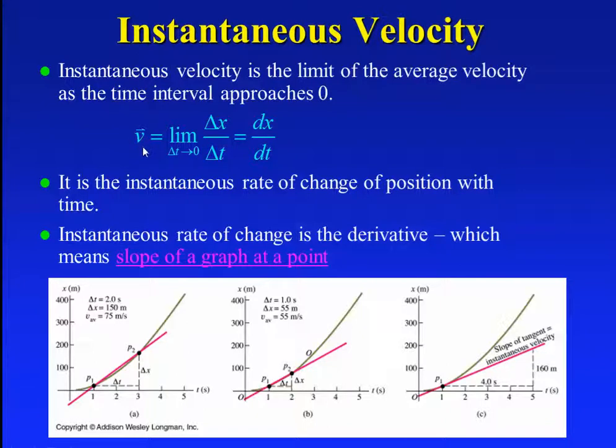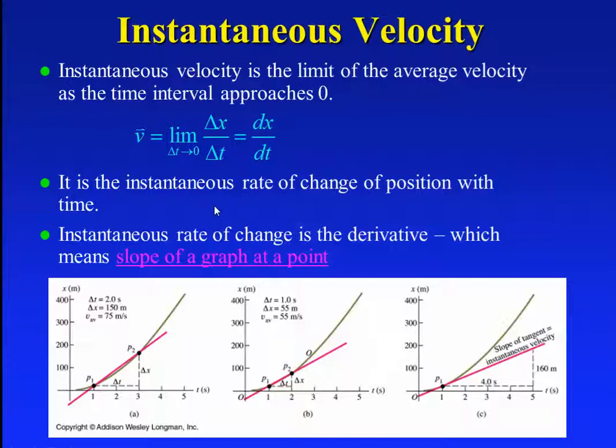So this is velocity, and it's the limit as we shrink this interval that we're calculating the change in position for down to a smaller and smaller time. And in calculus, they call it dx over dt. But if you're not taking calculus, don't worry about that.